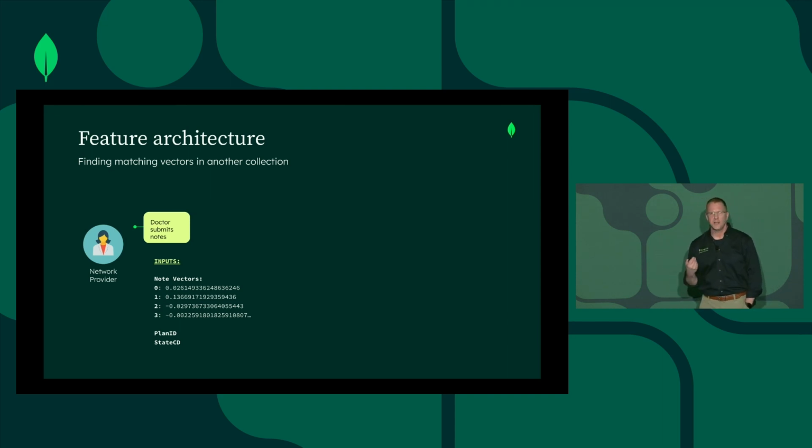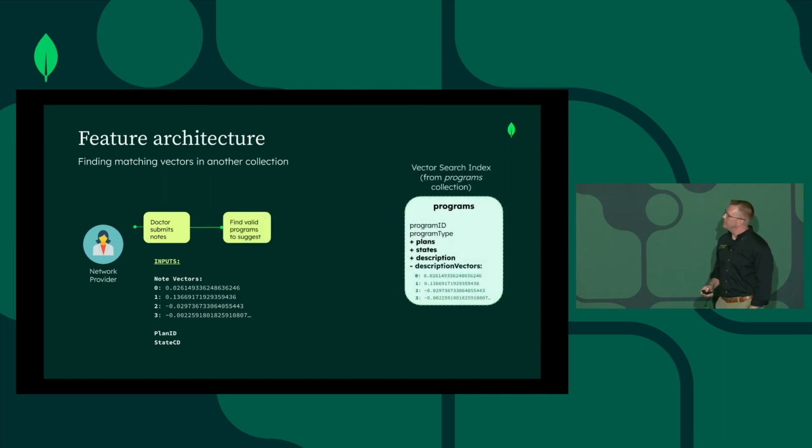So as soon as the doctor submits those notes, turn those notes into vectors, and then bump up against the search index instance using $search of the program collection. So here's all my clinical programs that my data scientists and product folks have created. I want to match that one instance of note data to any hits I get in the program search index.